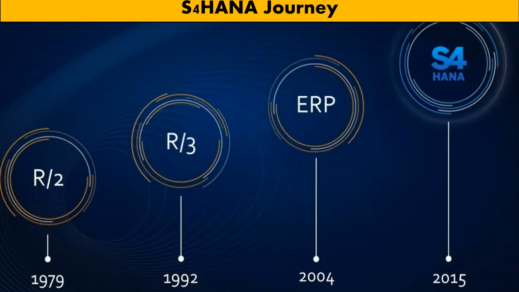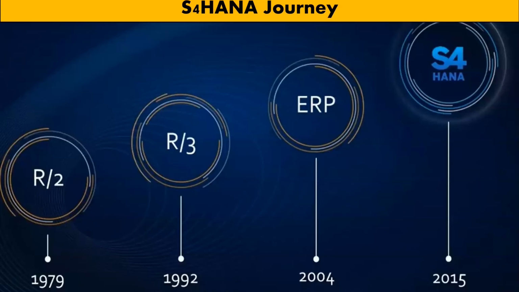HANA is a database and it was introduced around 2010. The first product came as Business Suite on HANA, and then we started talking about ABAP on HANA. So exactly the ABAP on HANA talk started in 2010 itself.